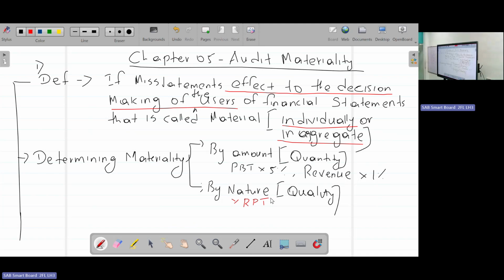But actually, it matters whether the transaction is at market price. For example, A company has a used vehicle and wants to sell it to B company. If they sold that vehicle to an independent third party, the price would be 5 million. Because they are transferring it to a related company, they put the price at 2 million.